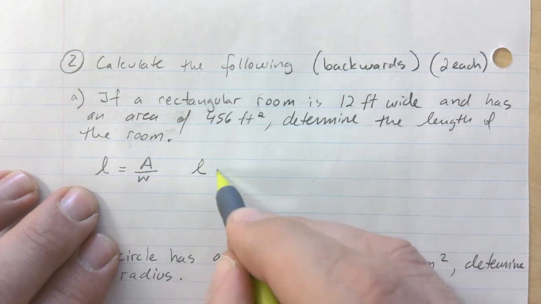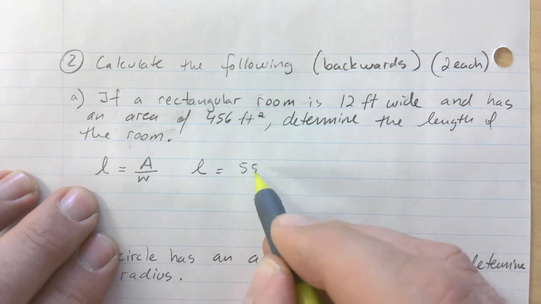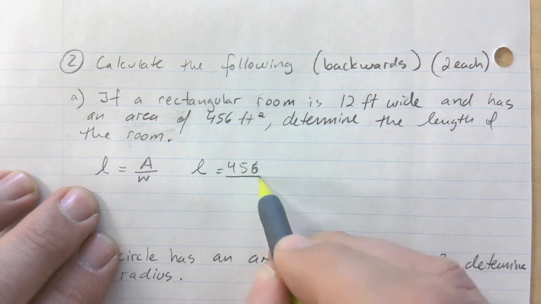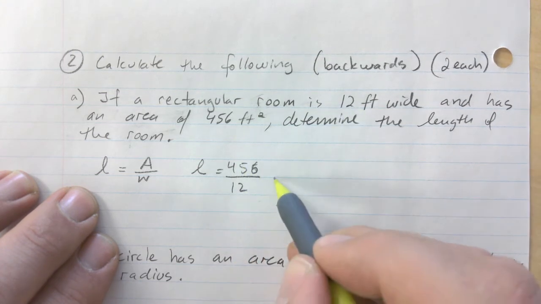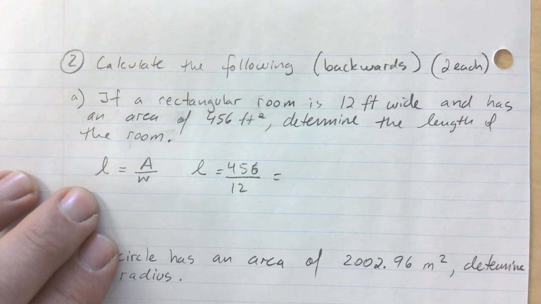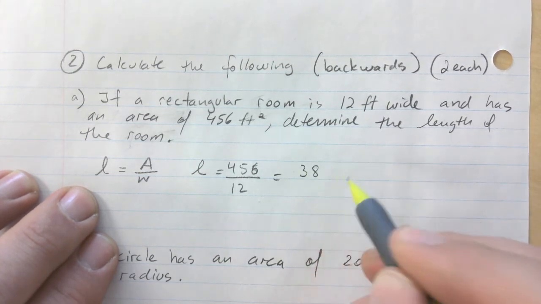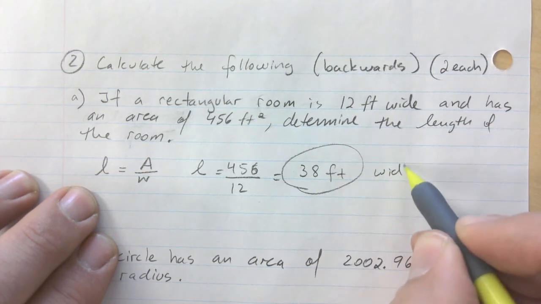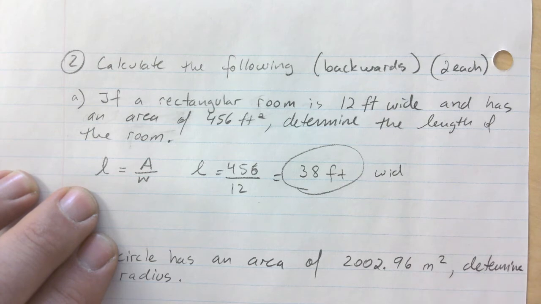Right? So length is going to be 456 divided by 12, is it 38, yeah. And it's 38 feet is the width, length, never mind.